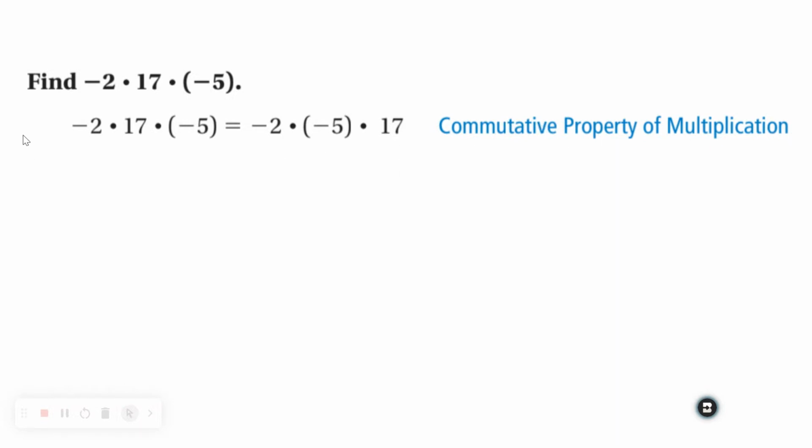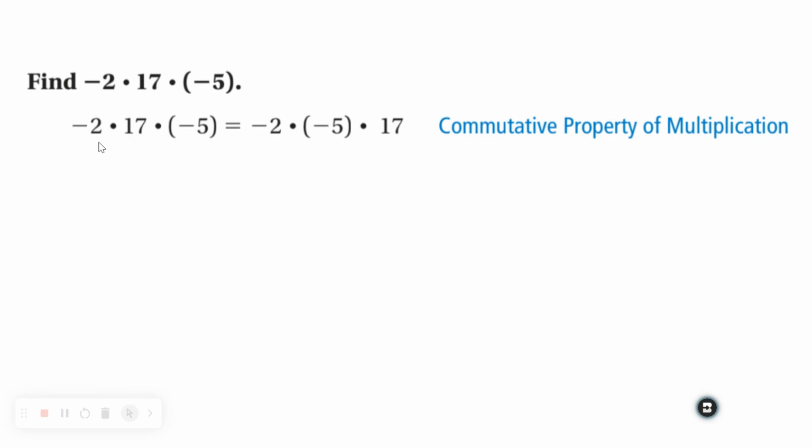What this means is that if you are doing multiplication and it's all multiplication, this means that you can multiply in whatever order you want, because remember, with multiplication, order doesn't matter.